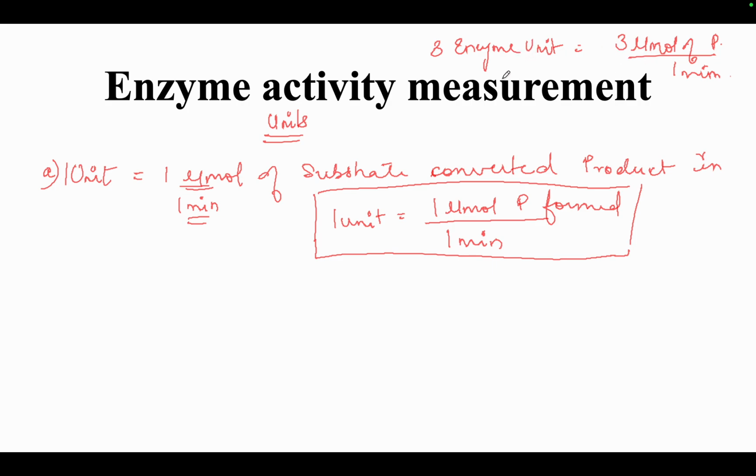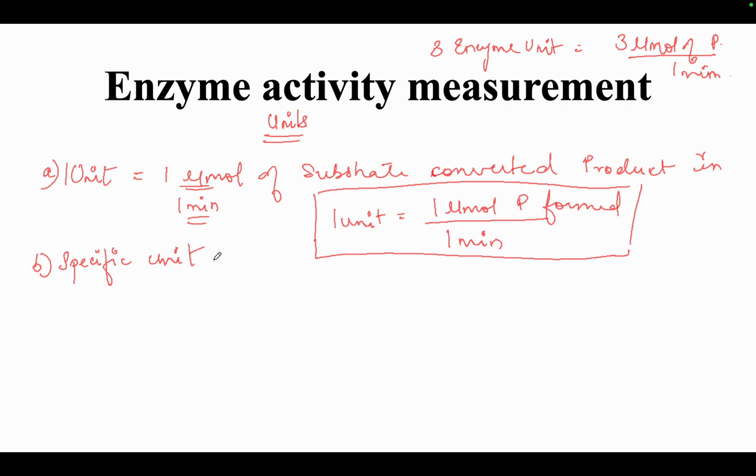Then we have specific activity. Specific activity was created in order to calculate the efficiency, and it considers the amount of enzyme.